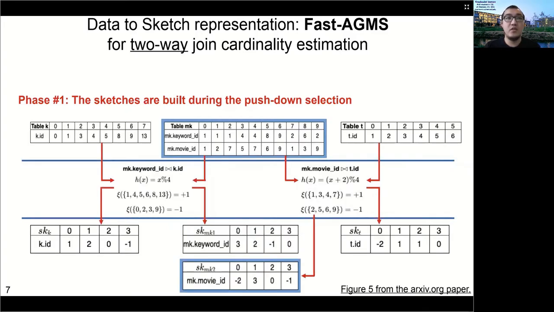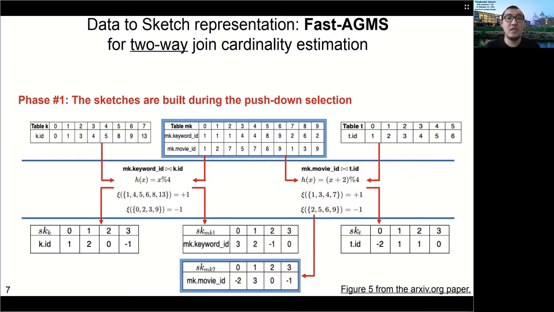And then with the same purpose, to capture the correlation between MK and T, we use the same hash functions that were used to build the sketches for T. As a result, we built another sketch for the movie ID attribute in MK to capture the correlation between MK and T. All the sketches are built based on the tuples that satisfy the selection predicates.